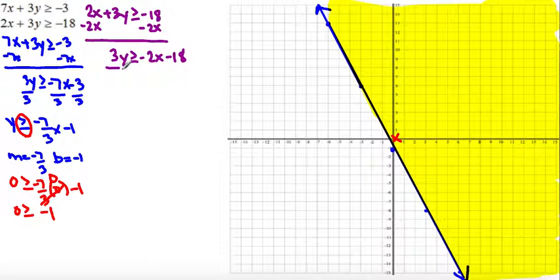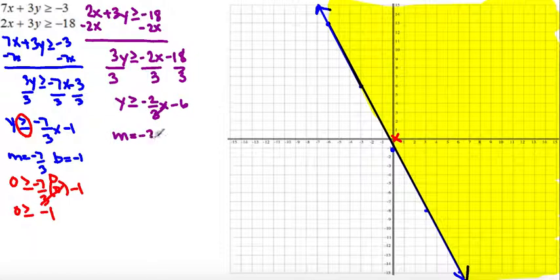I have to get y by itself, so divide both sides by 3. So y is greater than or equal to negative 2/3 x minus 6. So my slope here is negative 2/3. My y-intercept is negative 6.